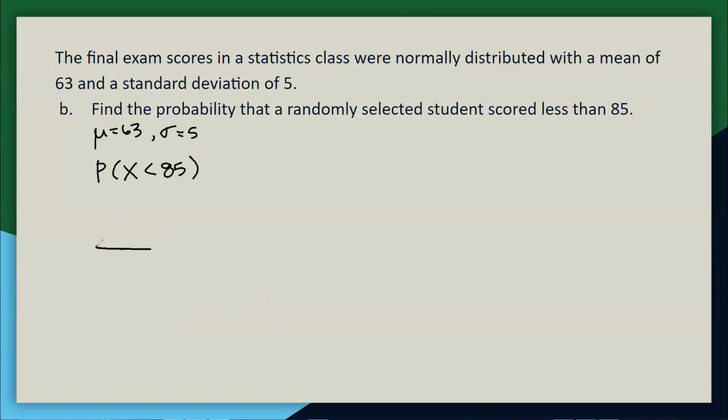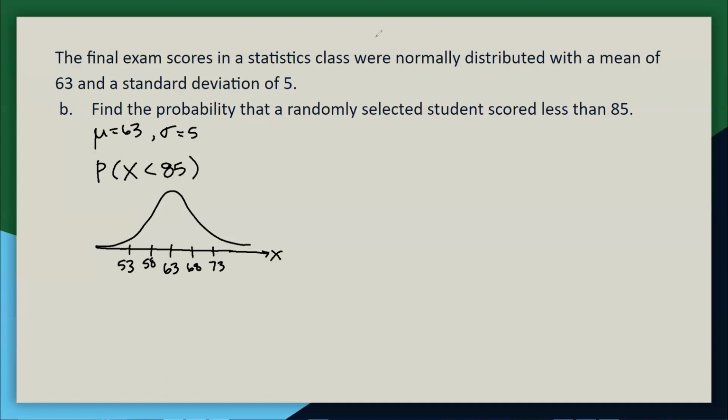So normal curve. Mean is in the middle. And we count by 5s. We're interested in 85.